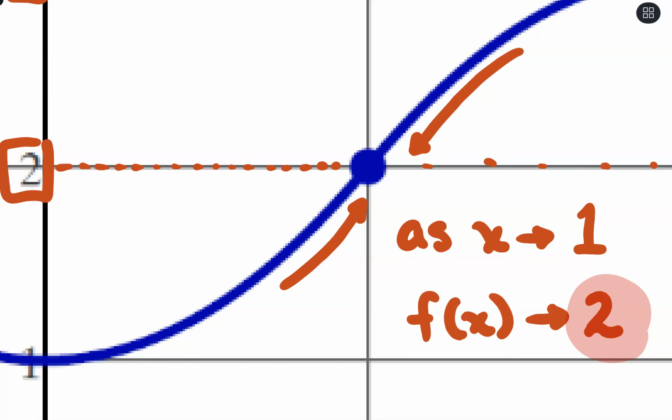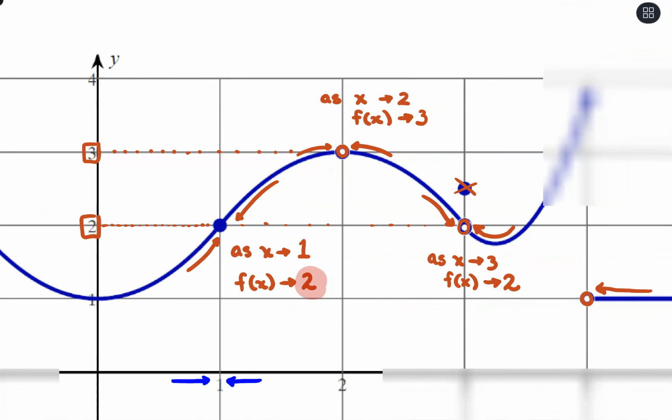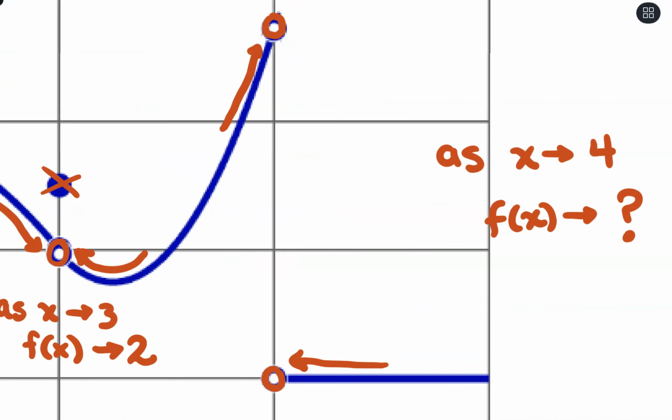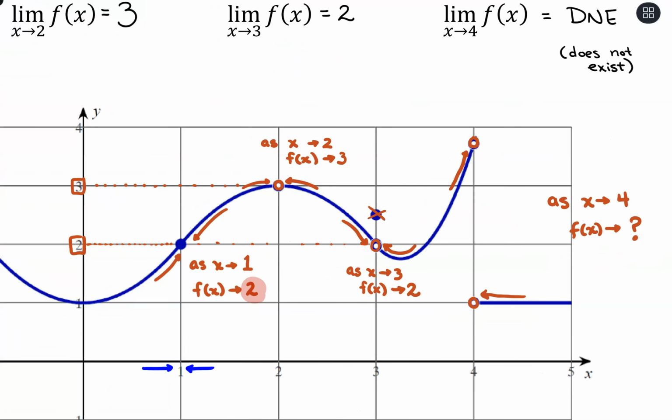And then when I do the two-sided limit, which is what we did in that last video, it is also 2. So when they match up, it all aligns. But what we saw with this last case is that the left-sided limit, let me zoom out here, was like a 3.75. The right-sided limit was a 1. So because they don't match up, that's where the limit does not exist.